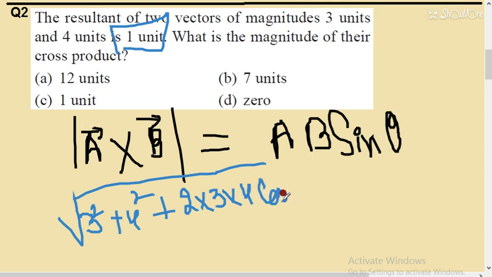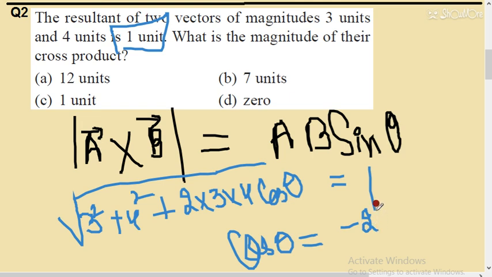The resultant is equal to 1. Students, I am using the resultant formula where r, the resultant, is equal to the square root of a square plus b square plus 2ab cos theta. So on squaring both the sides, I will get cos theta equal to minus 24.